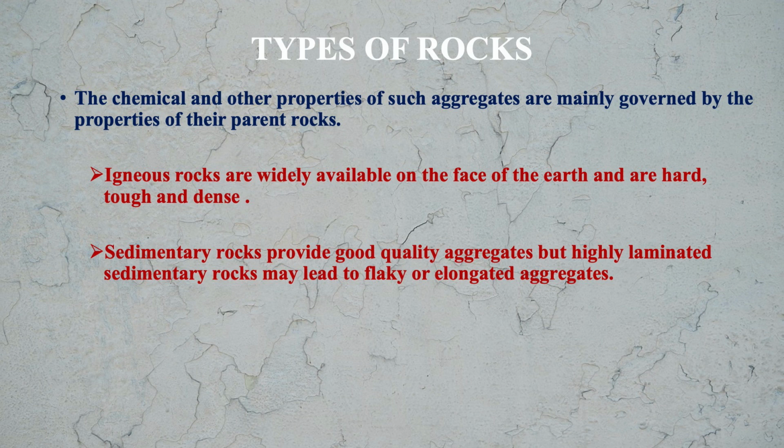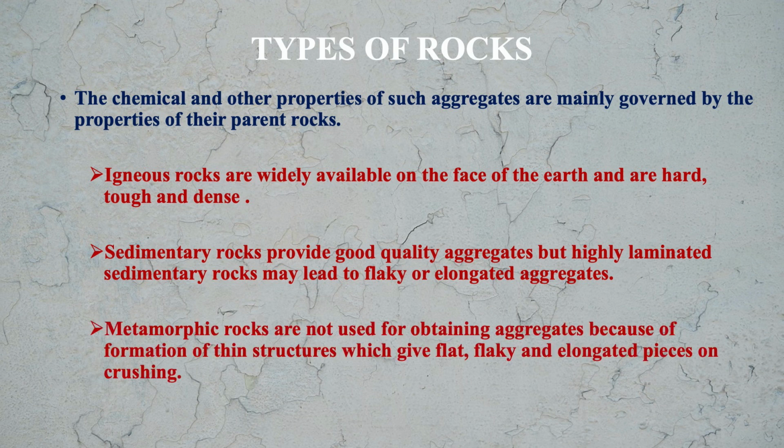Sedimentary rocks provide good quality aggregate, but highly laminated sedimentary rocks may lead to flaky or elongated aggregates. Metamorphic rocks are not generally used for obtaining aggregates because of formation of thin structures which give flat, flaky and elongated pieces on crushing.